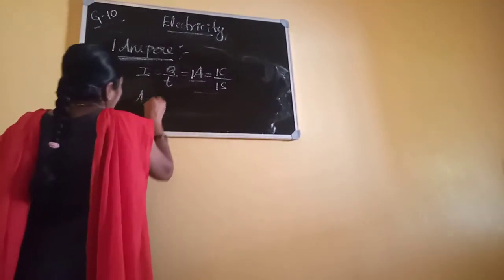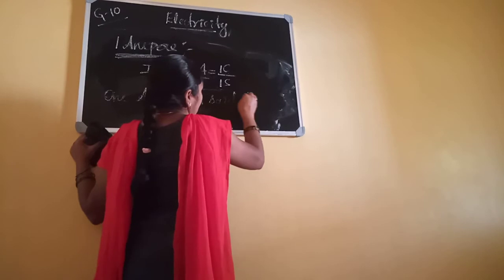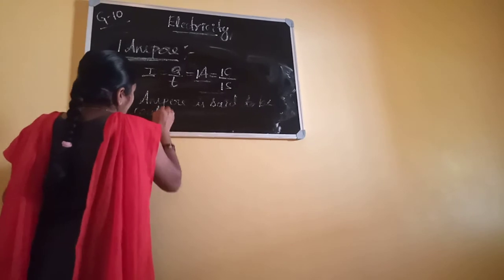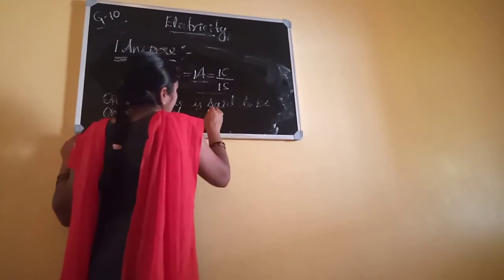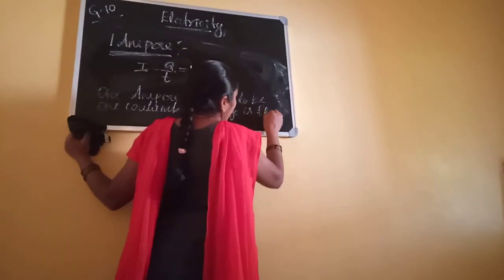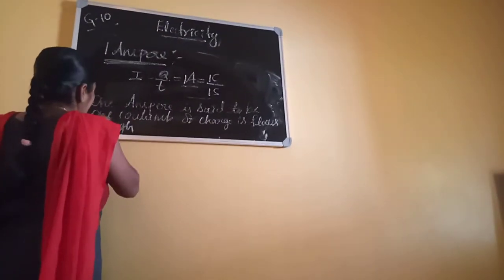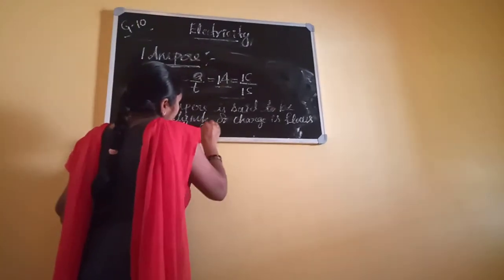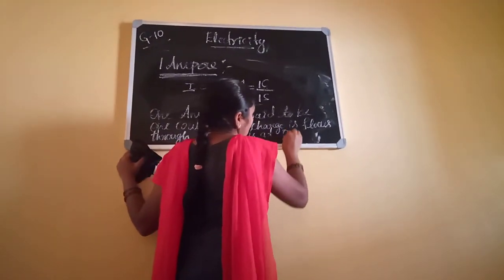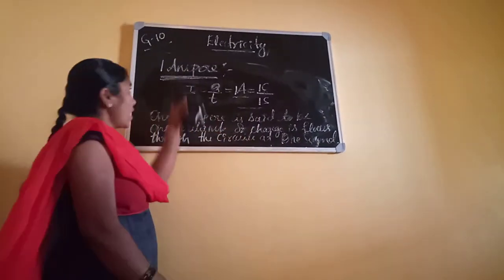1 ampere is said to be 1 coulomb of charge flowing through the circuit at 1 second, which is called 1 ampere.